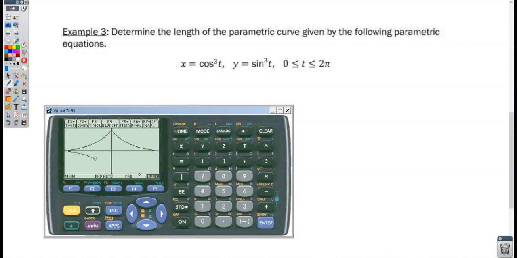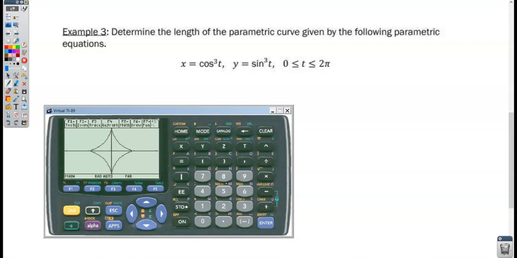And to get an even better idea, since I know I'm going to want to use some symmetry to help me find the length of this curve, I'm going to use zoom square, which I think is an underutilized zoom on the calculator. I'm going to use zoom square to take out the stretch distortion that exists in the graph. And now we have a curve that looks like this.